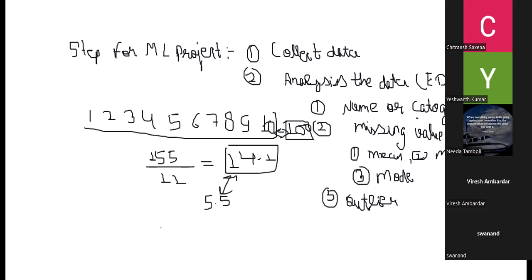So at that point of time, use the median. And what is the median? Middle value. Okay, you all know what the median is. Yes, sir. So fill with the median. Otherwise, if my data is clean or there is no outlier, then use the mean to fill the missing values.